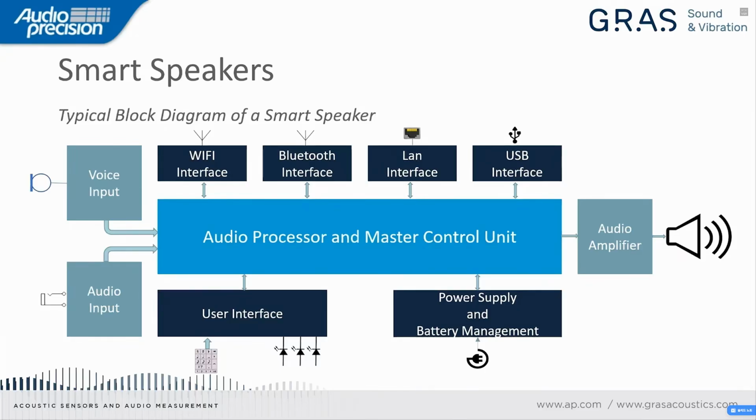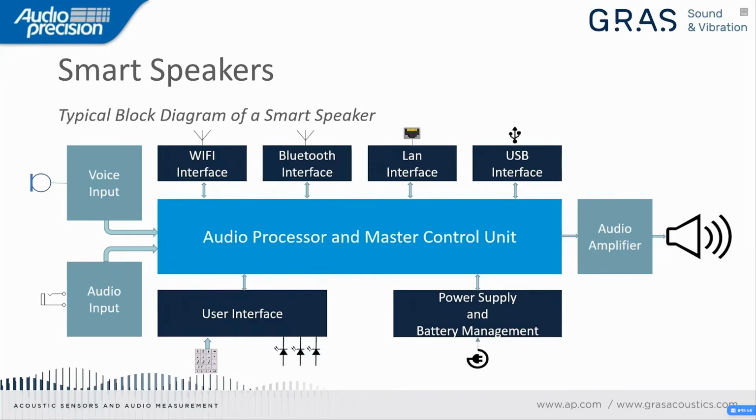Then there might be an audio input where we can have a cable input, where we can connect our telephone or whatever and play music via a cable, via the audio processor to the speaker. And then we have something we call a voice input.